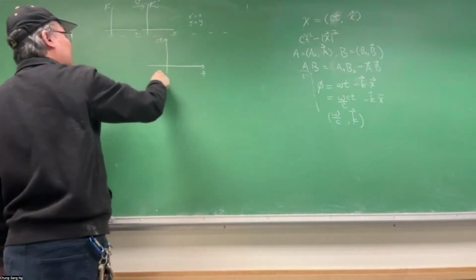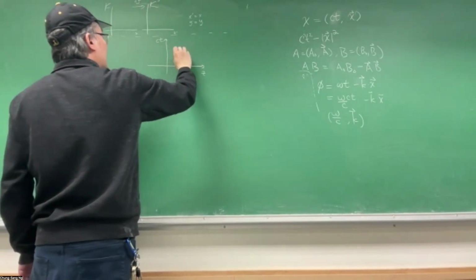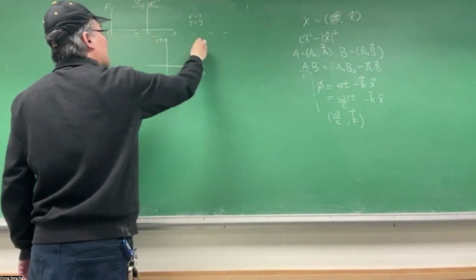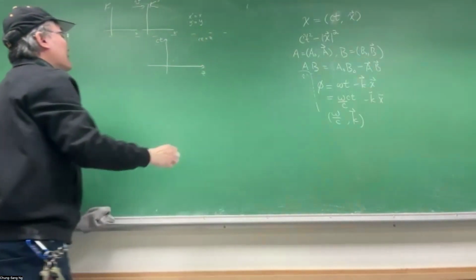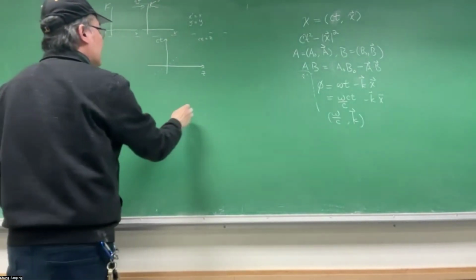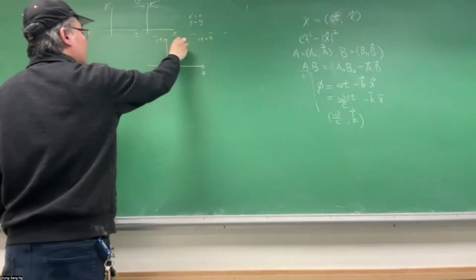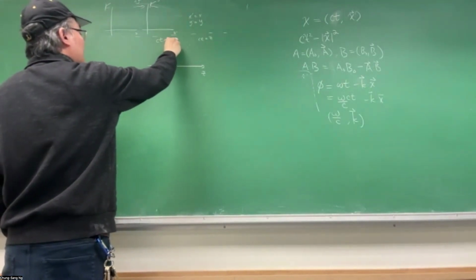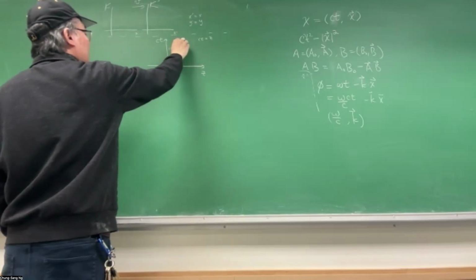The time axis is the ct axis, and the light cone is a diagonal line, ct equals x. And events are absolute things. You have two events in terms of 4-vectors, so this is ct1, x1.